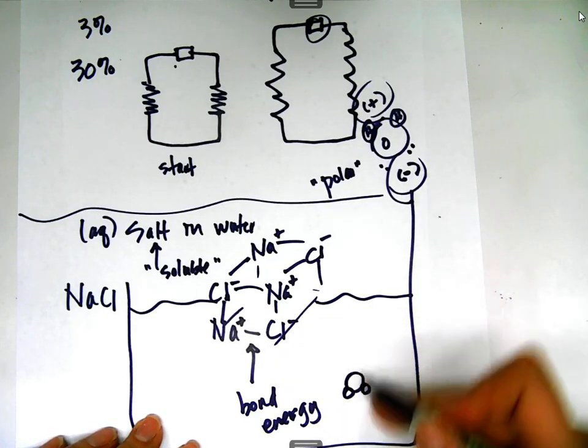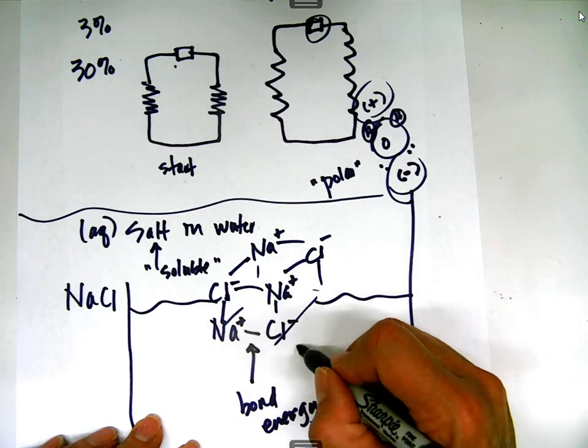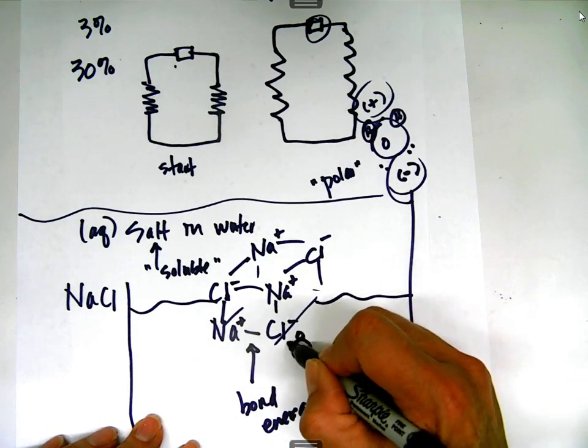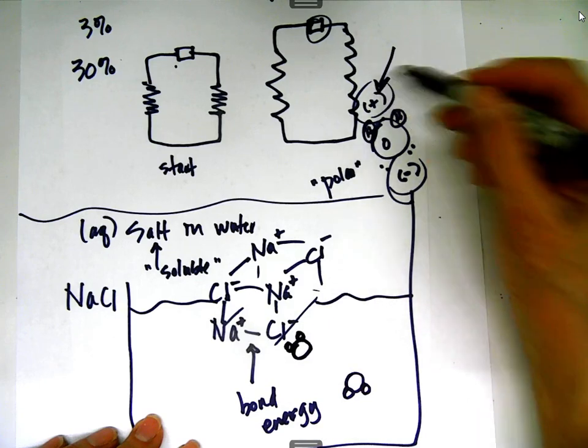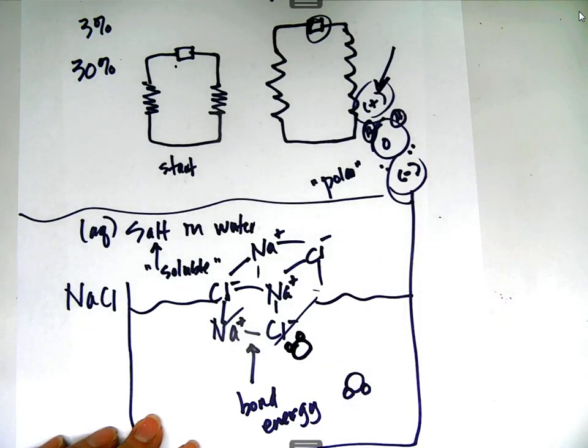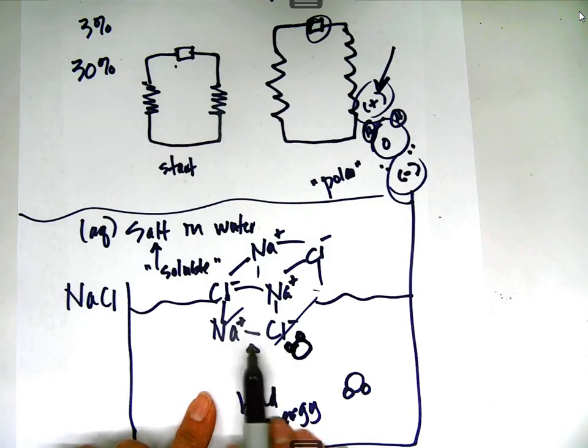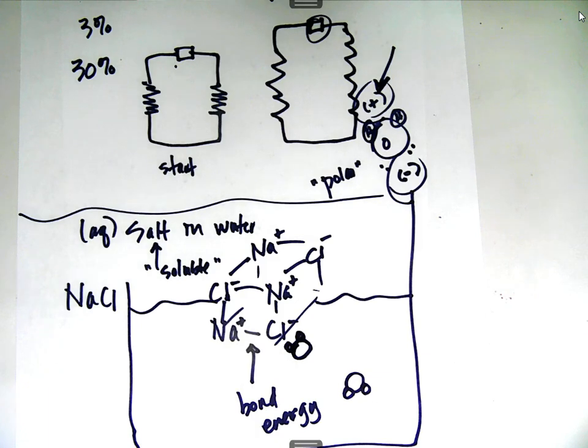Once it starts to approach chlorine, it will turn itself so that the positive side of the water molecule is oriented towards the negative chloride ion in that structure. Now, the sodium and the chlorine have an attraction for each other. That's what keeps it together. So it's a pretty strong attraction, that bond energy. One water molecule is not going to be able to take chlorine and break those bonds. A single water molecule doesn't have the required energy or attraction to pull it off.